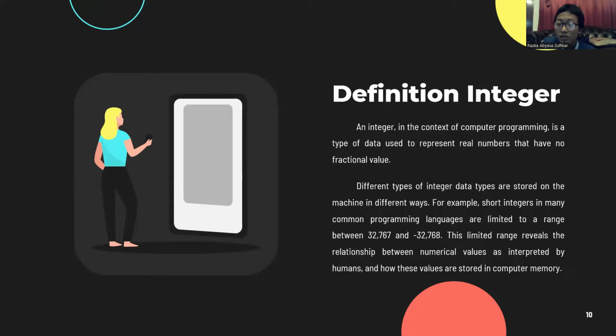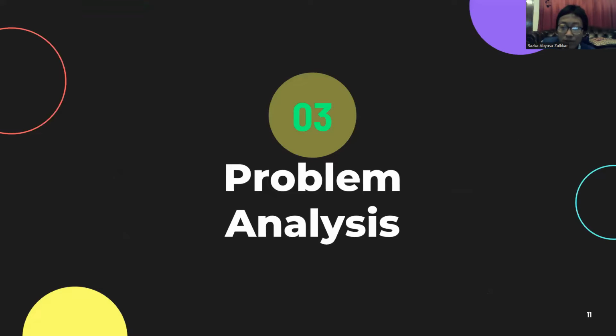For example, short integers in many common programming languages are limited to a range between negative 32,768 and 32,767. This limited range refers to the relationship between numeric values as interpreted by humans and how these values are stored in computer memory.